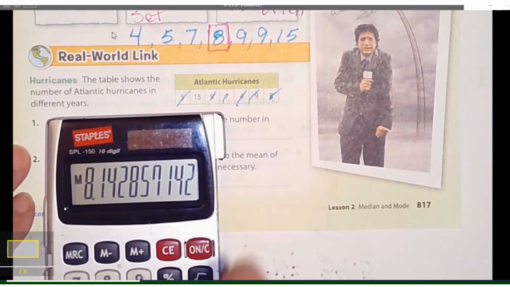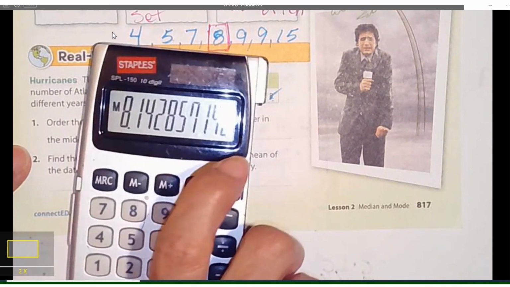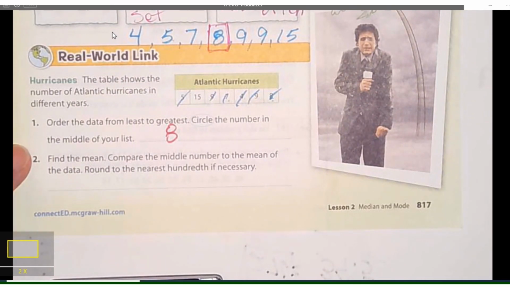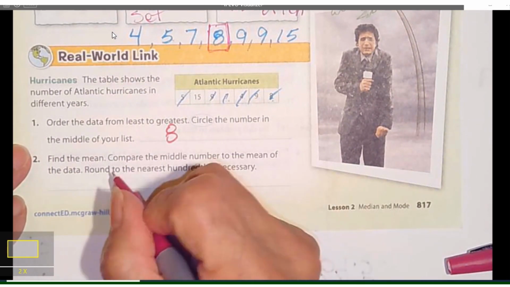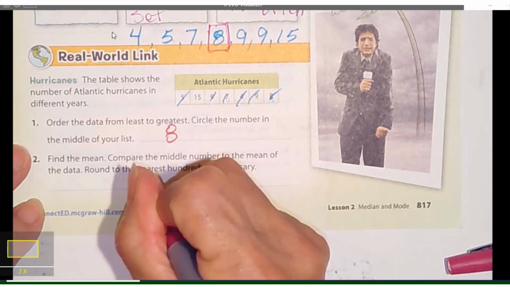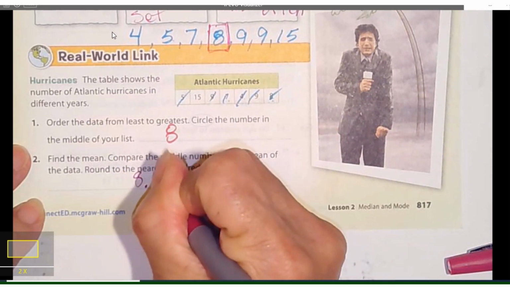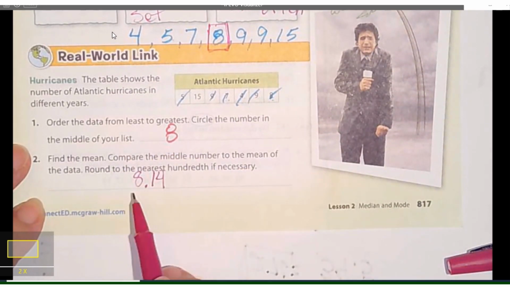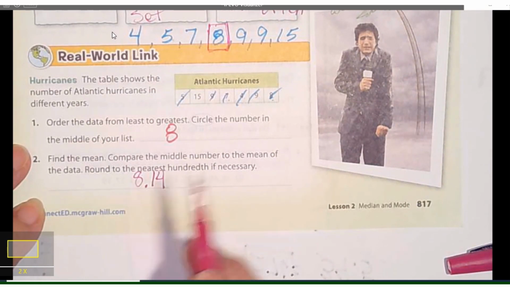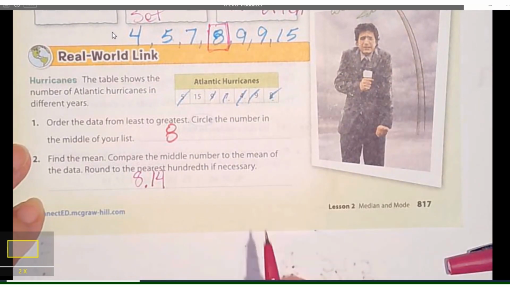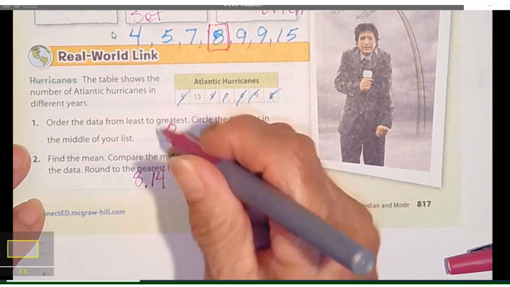So it's saying that my average is 8.14. So when you look at this, round to the nearest tenth, it's going to actually be 8. So it is correct, and that is the center of the data set.